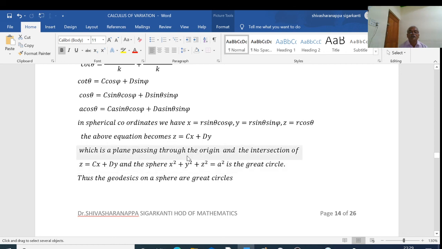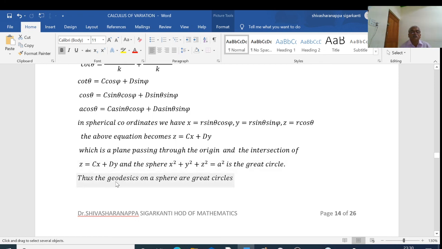Any plane passing through the center of the sphere intersects it in a great circle. If the plane is not passing through the center of the sphere, then the radius of the circle is not equal to the radius of the sphere. That will be a smaller circle. We get a great circle only if the plane passes through the center of the sphere.